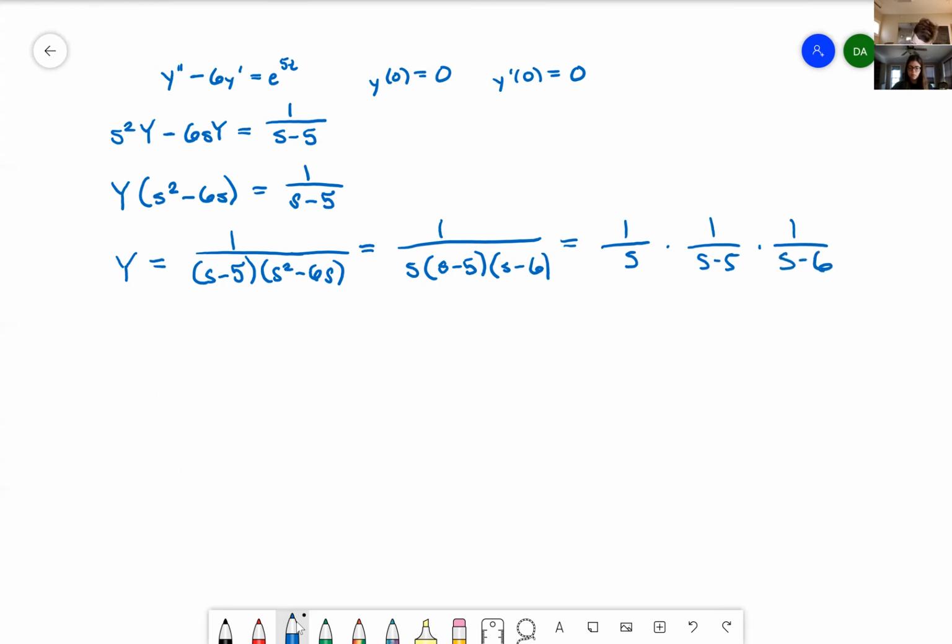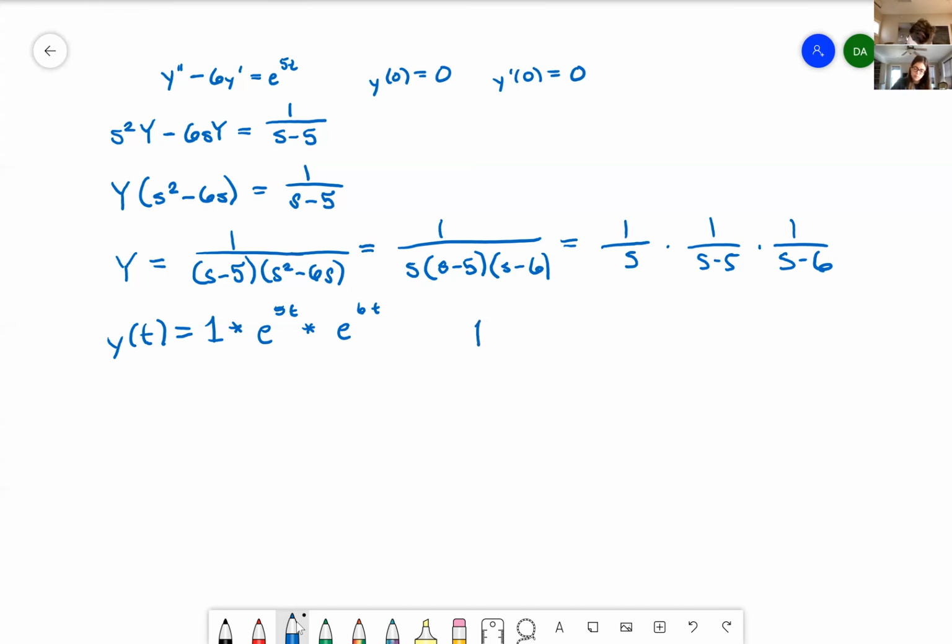And so y of t will just be 1 involved with e to the 5t involved with e to the 6t. And this expression makes sense because what we said about the convolution is that it's associative. So we can do these in the order we want. So what do we have?